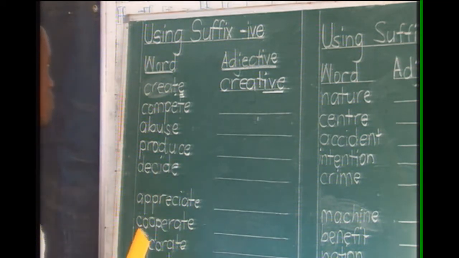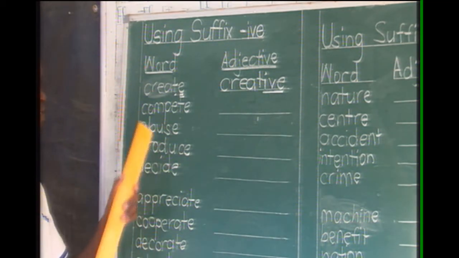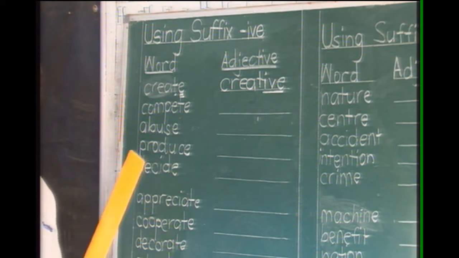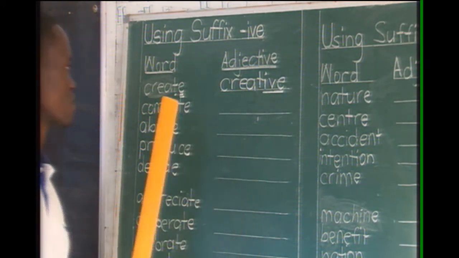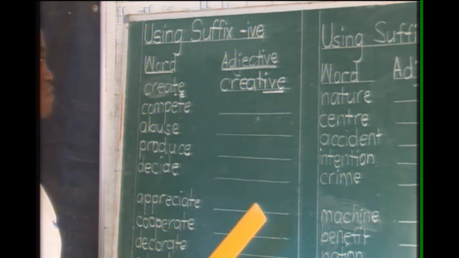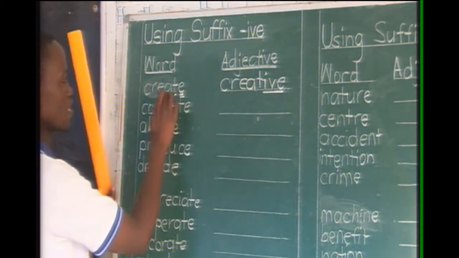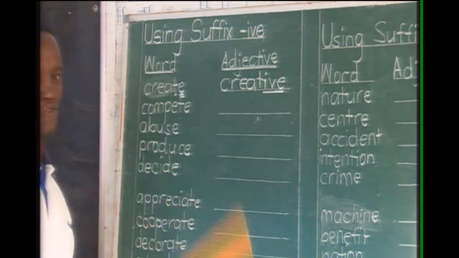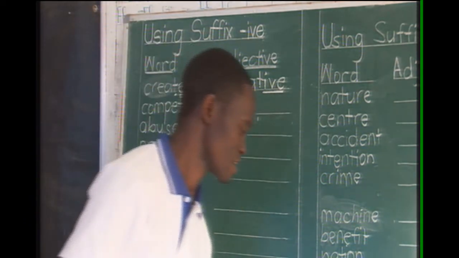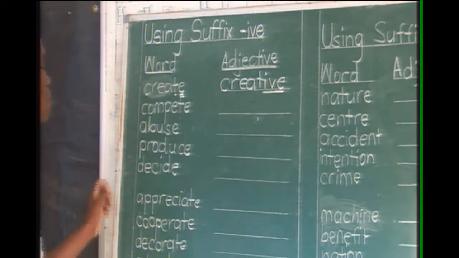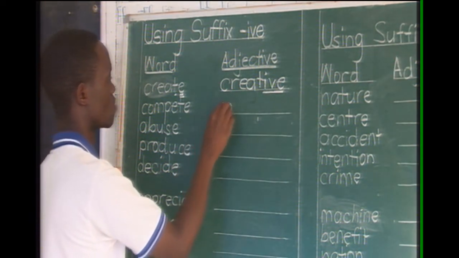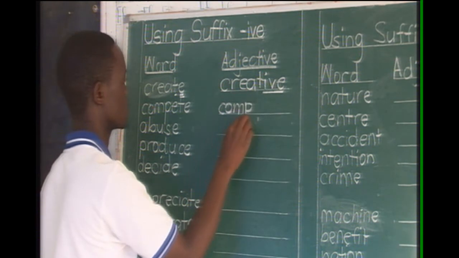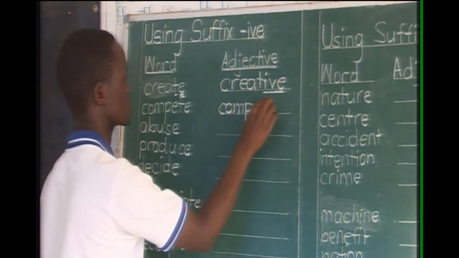Create is a verb. The next word, which is a little bit similar to the previous word, is compete. From compete, we'll form an adjective. If you have followed what I've done up here, I'm very sure you can't get lost in forming the adjective from compete. The adjective is COMPET.